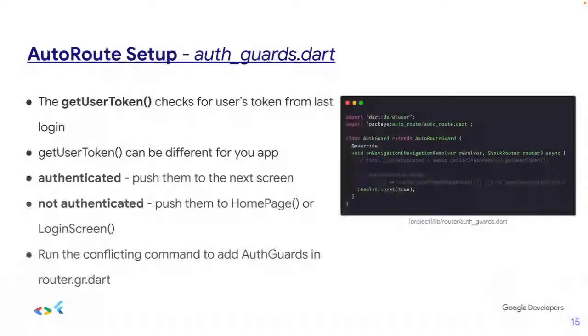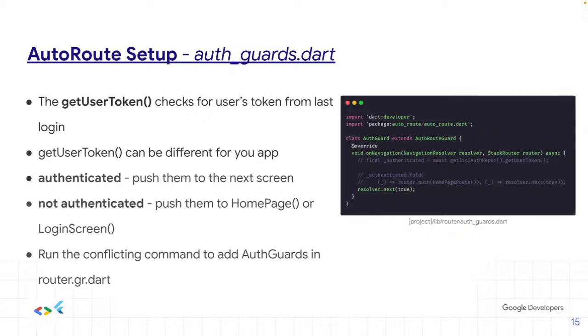The auth guards that I said. Now, how will your application know which is an authorized user and who is not authorized, right? So whenever the user is logging into the application, I'm going to save a token. That token will be saved securely in the application. And during routing, let's say the page that I want to secure is called first screen.